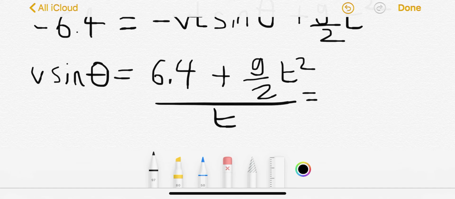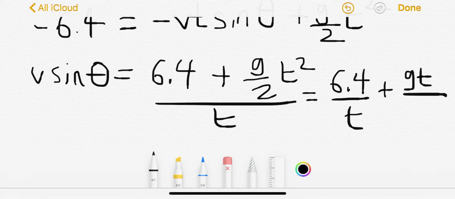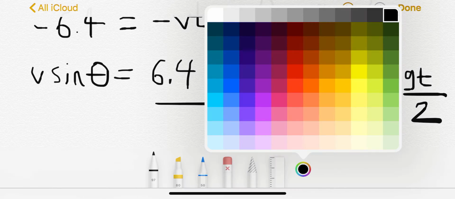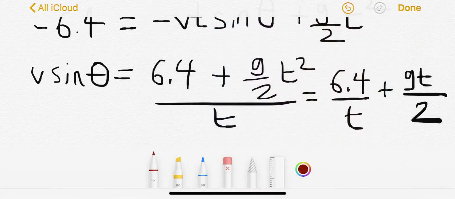Sorry, no, not multiplying top and bottom by t, just cancelling a factor of t, we get 6.4 over t plus g t over 2. And I call that equation 2.